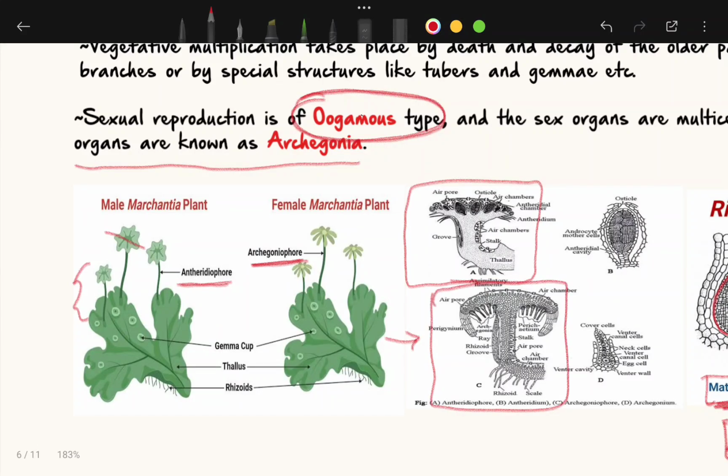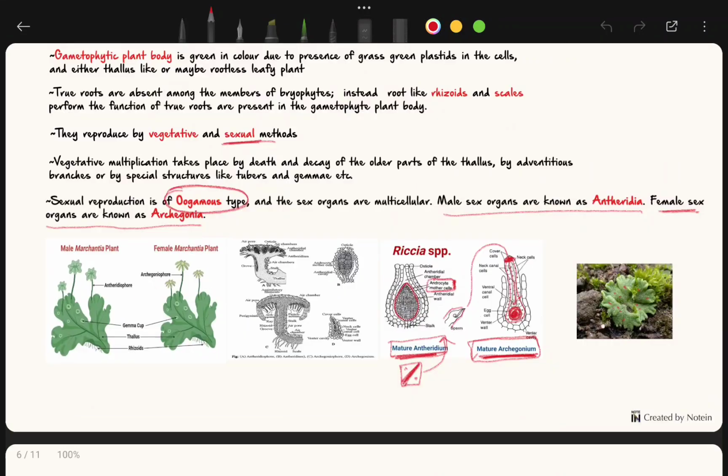Inside these structures you'll find the male sex organ, the antheridia, and inside these structures you'll find these archegonia. All these are archegonia, and this is antheridia, and then this is archegonia.